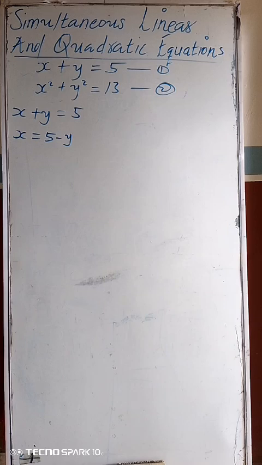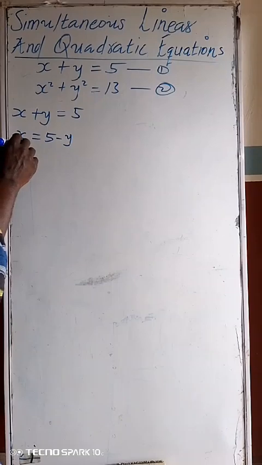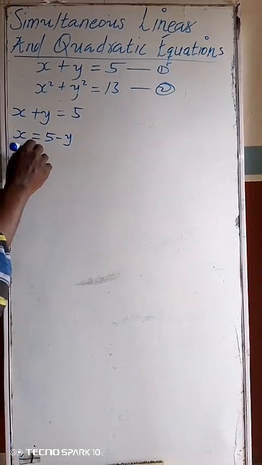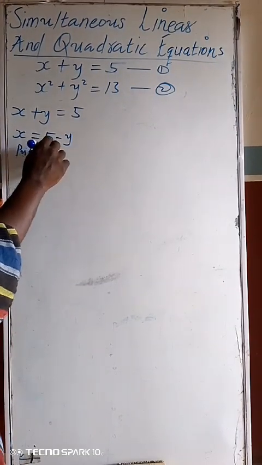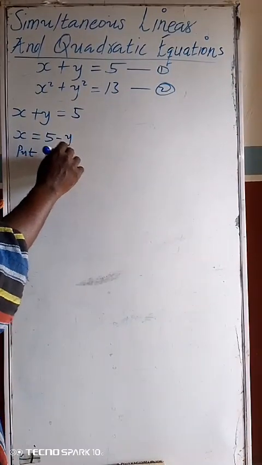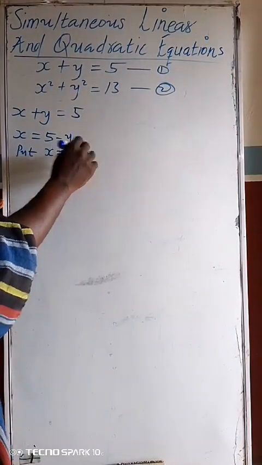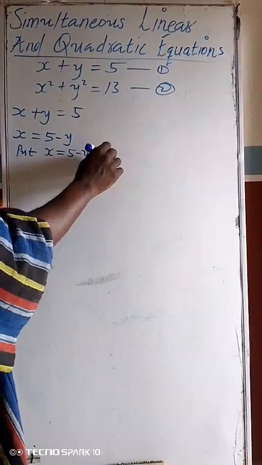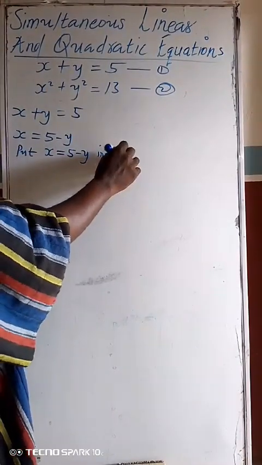So in this case, we have to substitute x is equal to 5 minus y into equation 2.